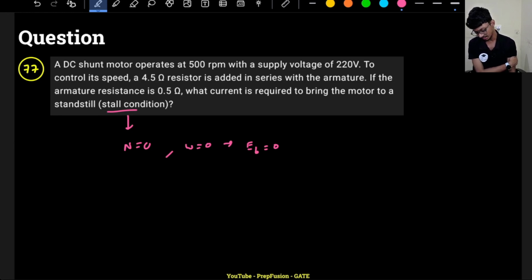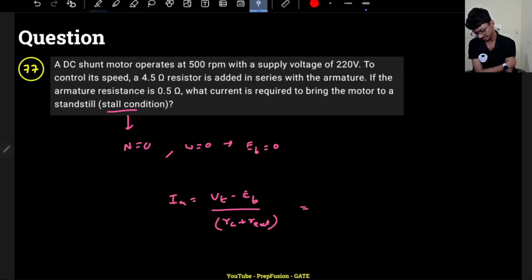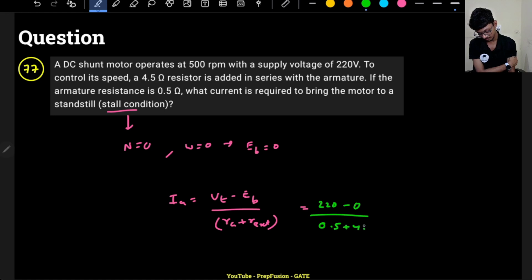So what is the current required? Basically Ia will be equal to what? Ia is Vt minus Eb, back EMF, divided by Ra. This time an external resistance is also there, Ra plus Rext, right? So if I want to bring it to standstill condition, it will be equal to Vt, which they have given me as 220 volts, minus Eb is 0 because it is at standstill condition, Ra is 0.5 plus 4.5, so this will be 44 amperes.